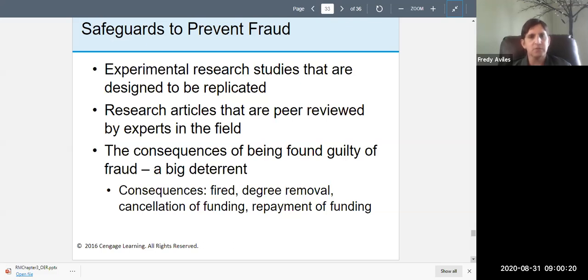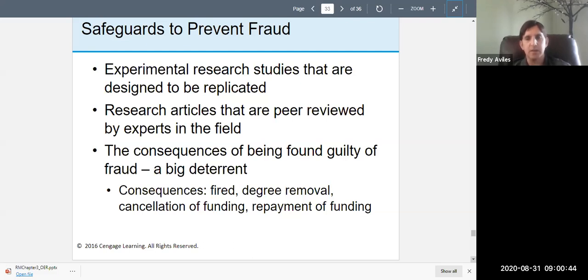Consequences of being found guilty of fraud. It's a big deterrent if you're found guilty of fraud, right? You can be fired from your job. They can take away your degree, take away your funding. A lot of times you get funding to do research, and if they find out that you've been faking things, they can take away the funding and actually demand that you repay it. It could be hundreds of thousands of dollars that you might have to repay.